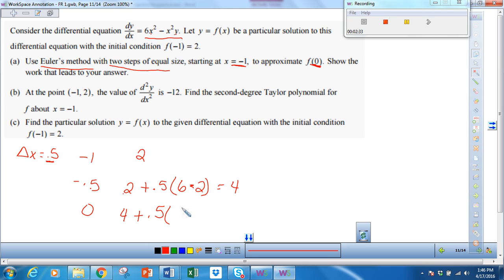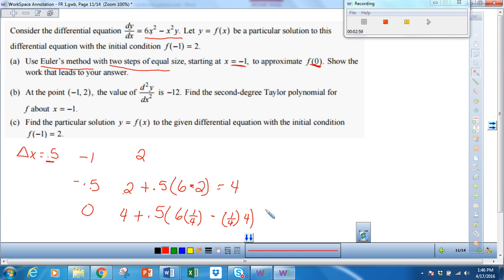So that'll give me 6 times a fourth. Did I do that right the first time? Because I put in -1, yeah. So that should be 6 times a fourth minus, again, 1/4 times my previous y, which is 4.